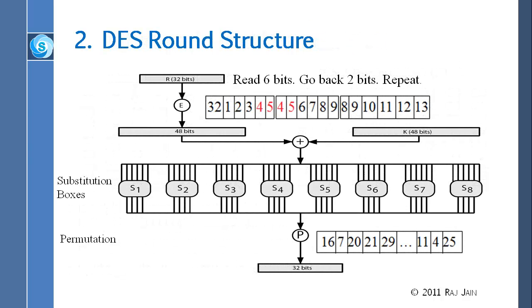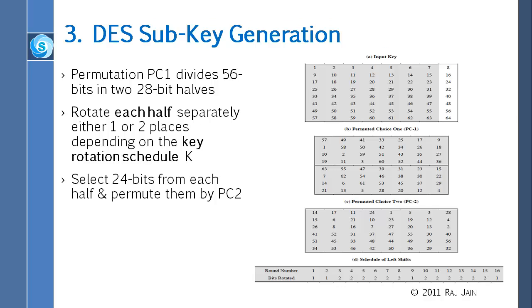The key comes in, notice that the key comes in only here. When the key comes in, it just gets exclusive OR'd. So how do you get the keys? First of all, you start with a 64-bit key, which is 8 bytes or 8 octets, and this is the parity bit. You ignore that. If you can see on the screen, this is white and this is shaded.